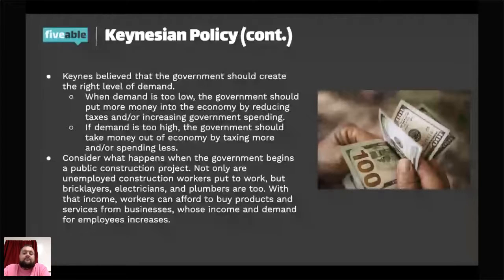Okay. The government's going to increase its spending, okay? So a lot of times the way that the government increases spending during these time periods is they produce like works projects, okay? So they decide to dump billions of dollars into building new roads or fixing bridges and things like that.